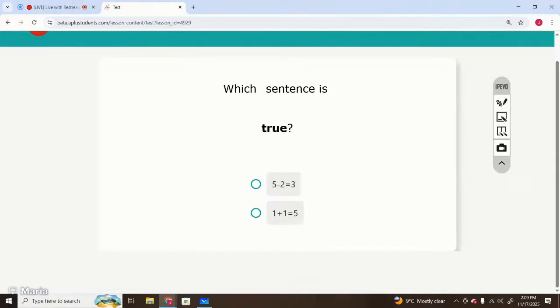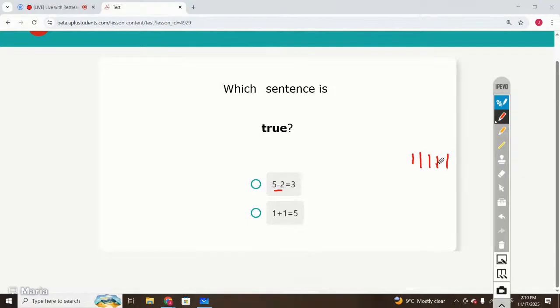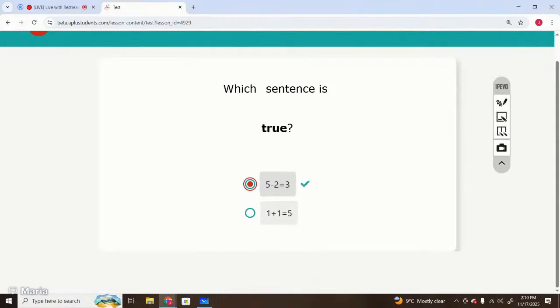So let's just subtract and see which one is the correct option. 5 minus 2, just subtract. 5 take away 2: make 5 lines, remove 2 of them, and we are left with 1, 2, 3. So 3 is equal to 3. So option number 1 is the correct option. 5 take away 2 equals 3.